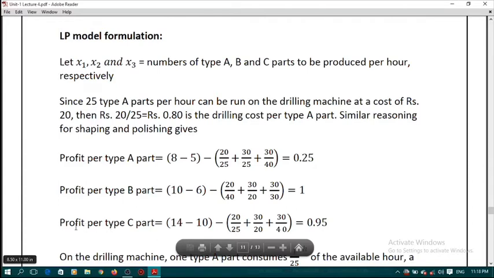And same for C. Profit per type C equals 14 minus 10, that is the selling price minus the casting cost, minus the processing costs of drilling, shaping and polishing, and after simplification we get 0.95.